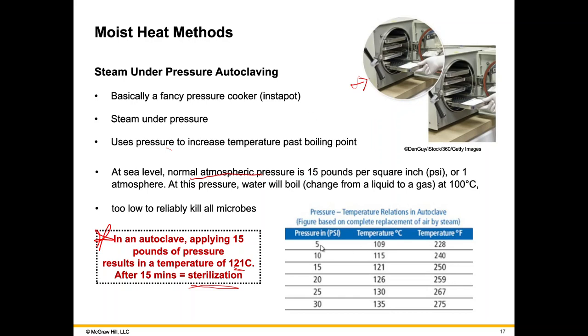So if we were to only add an additional 5 pounds of pressure, it would reach 109. 10 pounds, 115 degrees Celsius. 15 pounds of pressure, 121 degrees Celsius. So the more pressure, basically the increase in pressure is going to result in a higher temperature. But this is the one that I want you to know, because this is how autoclaves are typically set up. This whole thing just shows the trend. This is the one I want you to know for the exam.